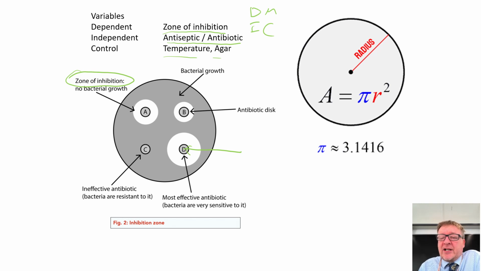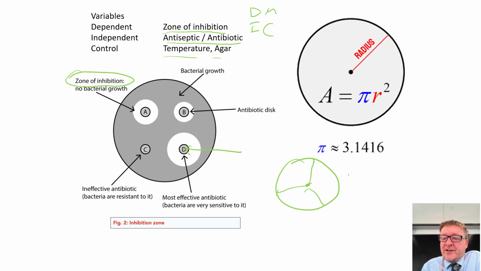Now to calculate the zone of inhibition, you're going to use a bit of maths. You're going to see a circle around the outside and your dot in the middle. You need to work out a few radiuses, because the circle might not be perfect.